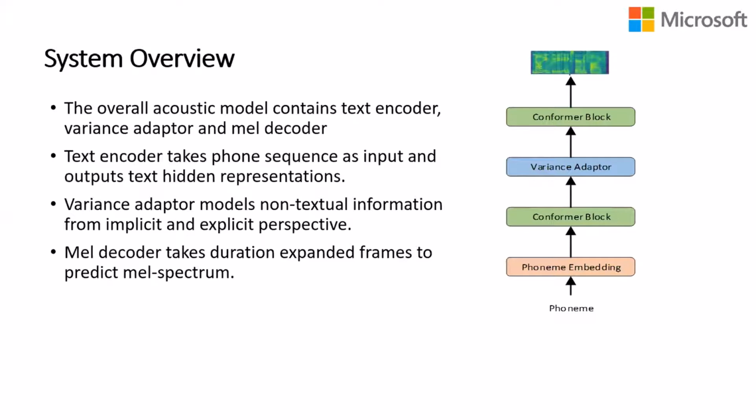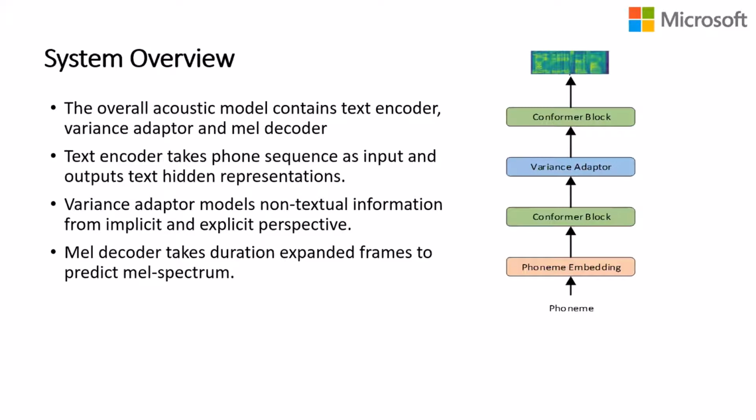Overall there are three main components in our model: the text encoder, the variance adapter, and the mel decoder. The input to the text encoder is the phone sequence, and also some word boundaries.